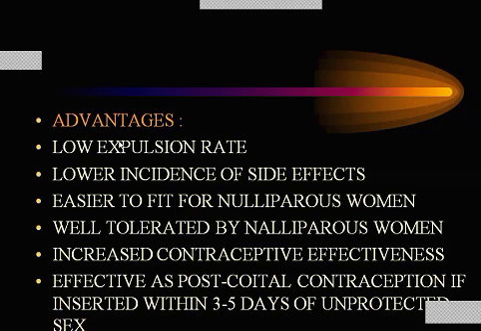The expulsion rate is low because of the lesser side effects. The size is reduced, side effects are reduced, and the anti-fertility effect is more compared to the first generation devices. So there is a lower incidence of side effects and it is easier to fit in nulliparous women also, and this is well tolerated by nulliparous women.